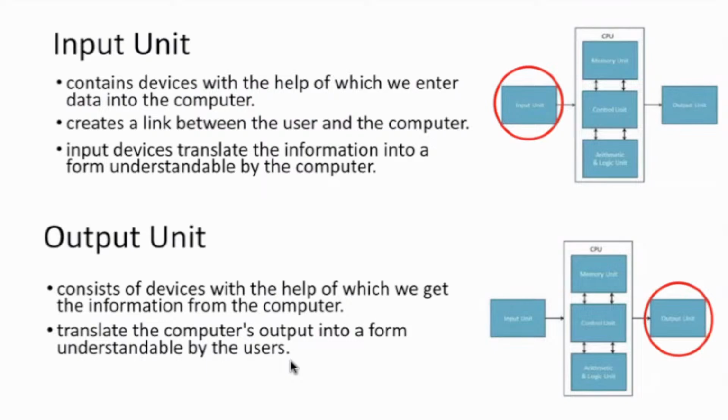That means if you press a key, you can see it in your monitor. It's translated to a human-recognizable form. If you move the mouse, you can see it in your monitor. So output is familiar to the user. Okay.